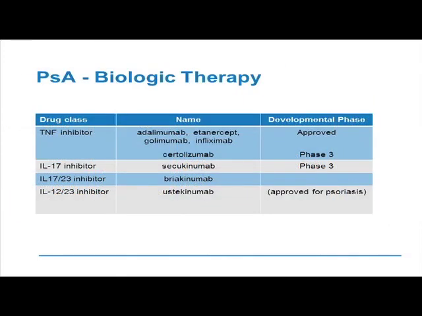So here's the current armamentarium, and close to the armamentarium that we will be seeing, we have multiple TNF inhibitors that are being used now to treat psoriasis and psoriatic arthritis, most of which are approved. There is one IL-23, IL-12 inhibitor that is approved for psoriasis, where we're getting growing data on its effectiveness in psoriatic arthritis. There are others in late-stage clinical development.